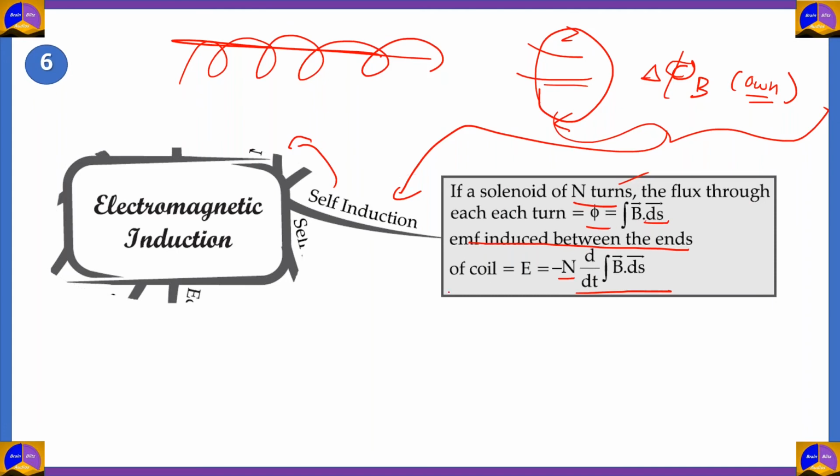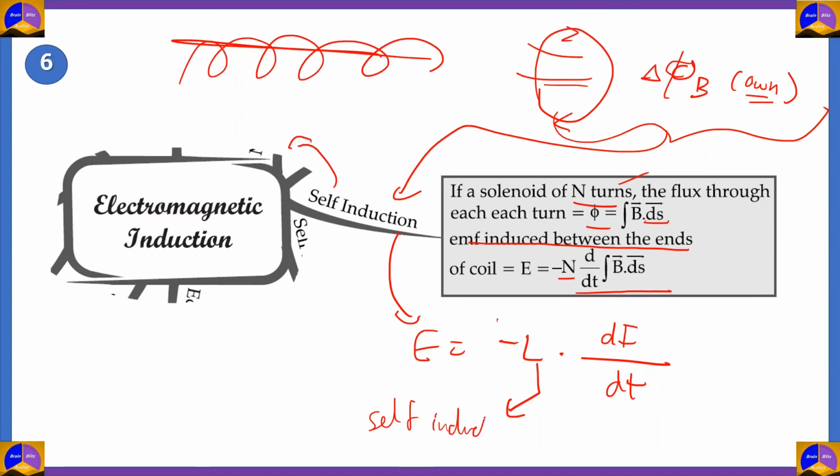And when it comes to self-induction and self-inductance, the final formula will be minus L times di by dt, where L is the quantity known as self-inductance. It is the constant of proportionality.